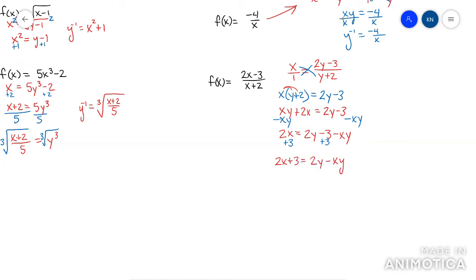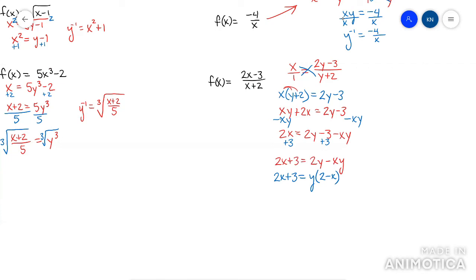All right, the reason you want to get everything with the y on the right side, or it doesn't matter, they could be on the left side. But the reason you want to get them all on one side is because you're going to GCF a y out here. So it's going to be like y parentheses 2 minus x. So this left side didn't change. And I GCF'd a y out of this right here.